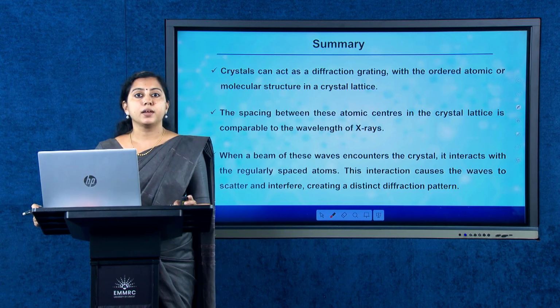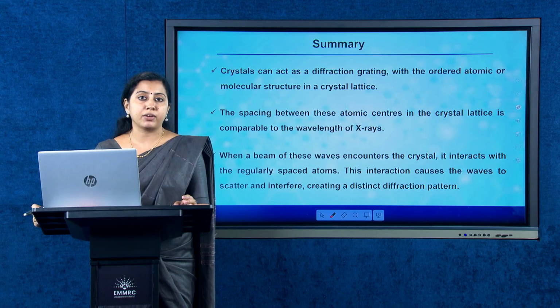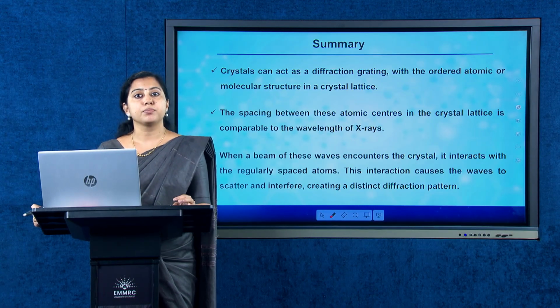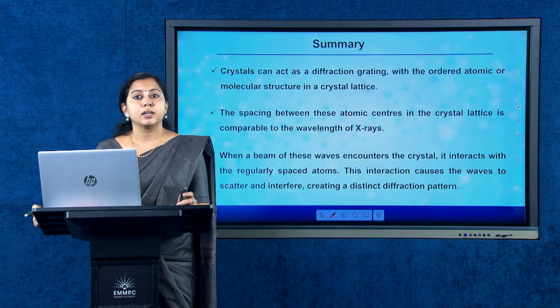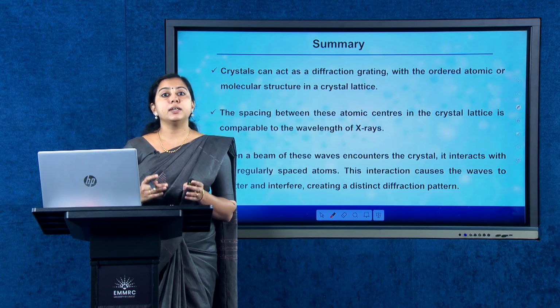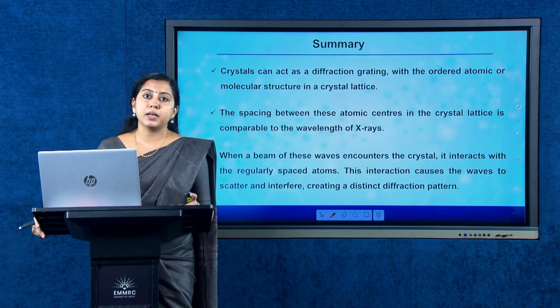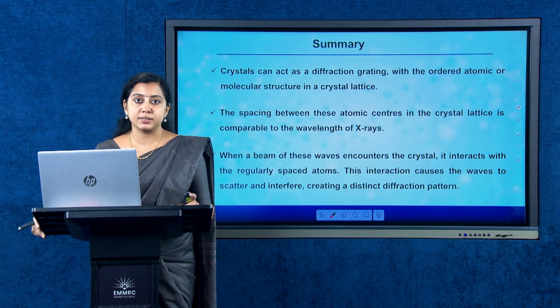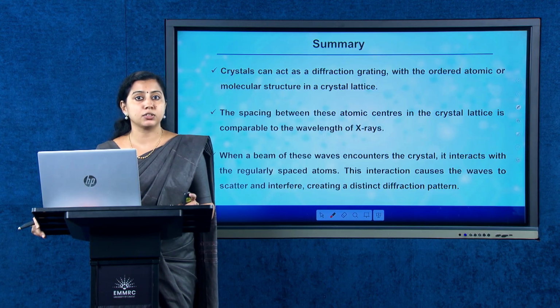So, today we have discussed the use of crystals as diffraction gratings for X-rays. Crystals can act as diffraction gratings with an ordered atomic or molecular structure in a crystal lattice. The spacing between these atomic centers in the crystal lattice is comparable to the wavelength of the X-rays, and we have seen that it is of the order of 10 to the power of minus 10 meters, that is, of the order of angstroms.